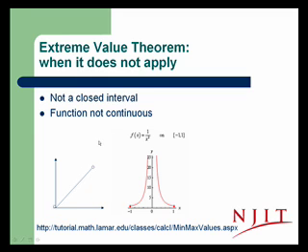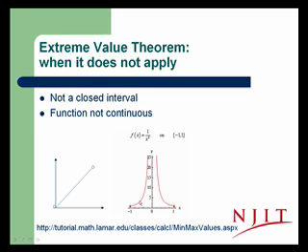Another case is a curve that's not continuous, which does not satisfy the conditions required for the extreme value theorem. The function must be continuous. For example, if we take f of x equals 1 over x squared from minus 1 to 1, we hit the minimum value, 1 over 1 and 1 over 1, at both ends.